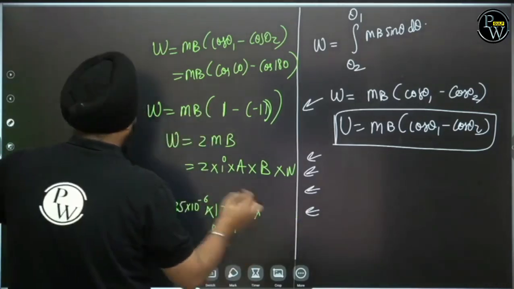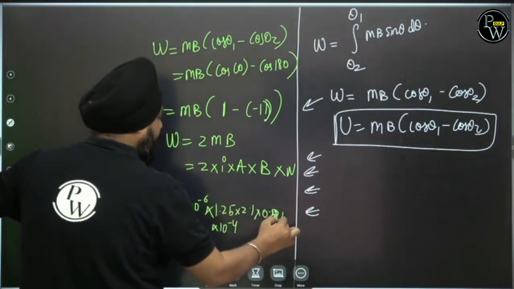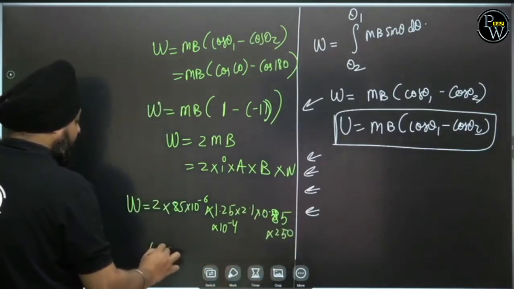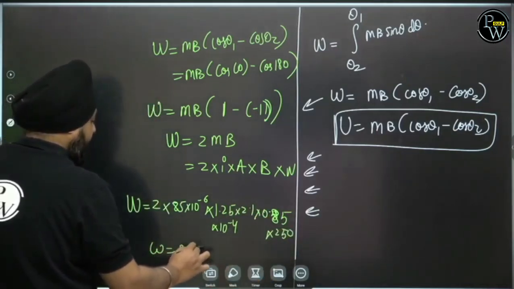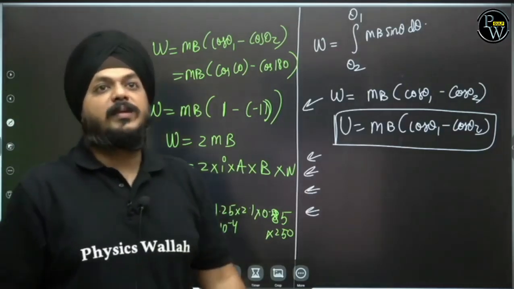We have replaced all of those values. So solving this, the work done is going to be approximately 9.1 microjoule. And this is going to be the perfect answer for this specific solution.